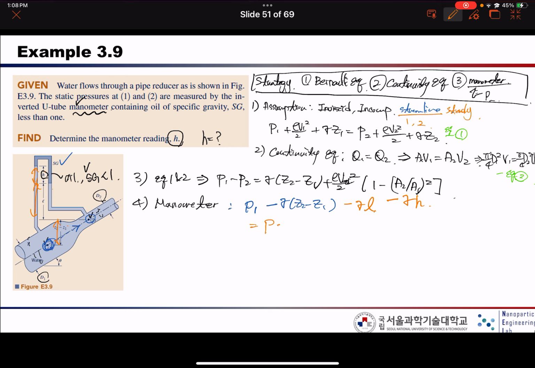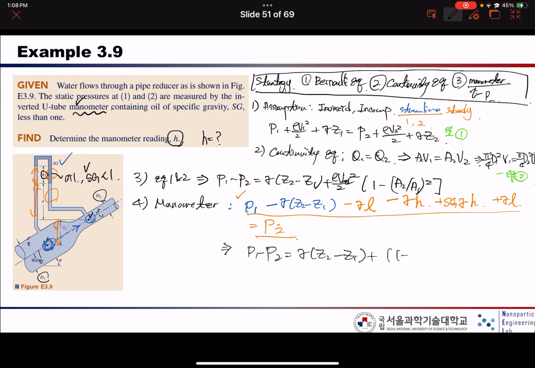We should also represent this one and this one: this one is SG gamma H, plus gamma L equals P2, right? We can determine this by using the manometer concept. So if we summarize this equation, we can write P1 minus P2 equals gamma (Z2 minus Z1) plus (1 minus SG) gamma H, okay?